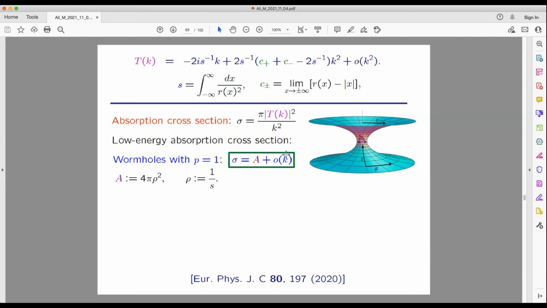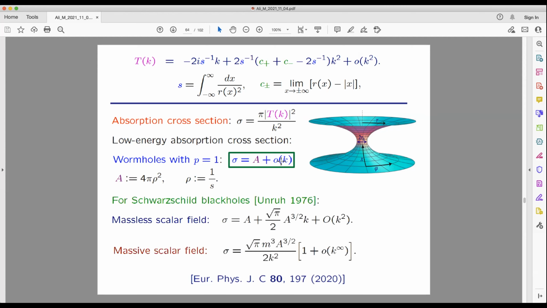And this O means the terms are going to zero faster than linear, first order. Now, many years ago, Unruh had calculated the same quantity for a black hole in 1976. For the black hole, if the field is massless, you have the area of the event horizon plus a linear term. We don't have a linear term. Ours, the next order is faster than linear.